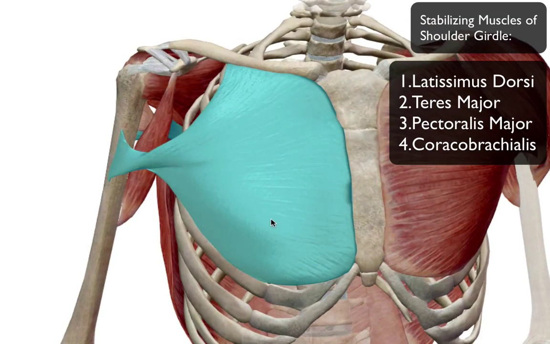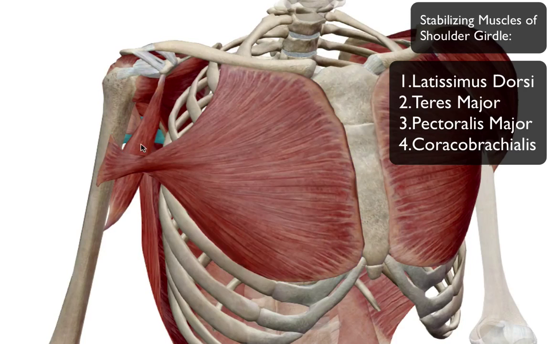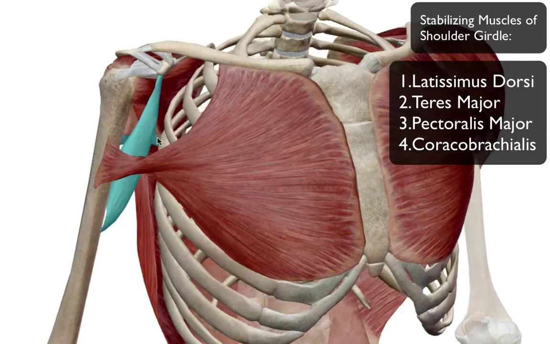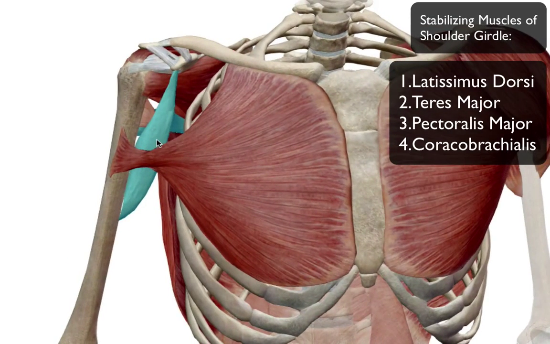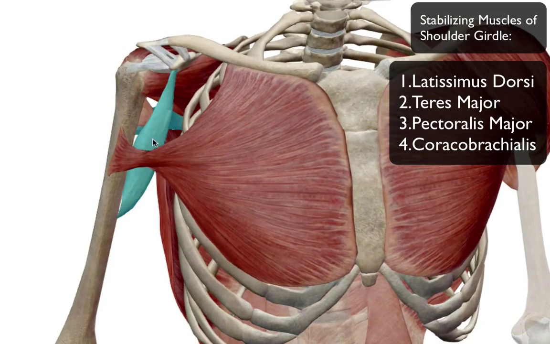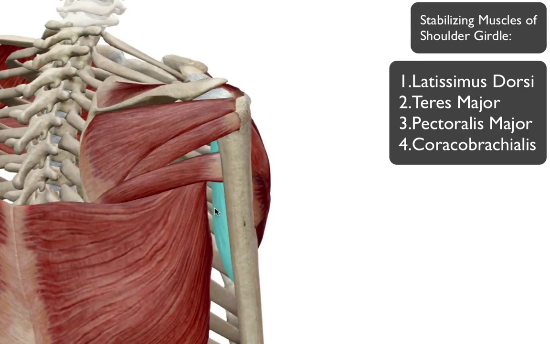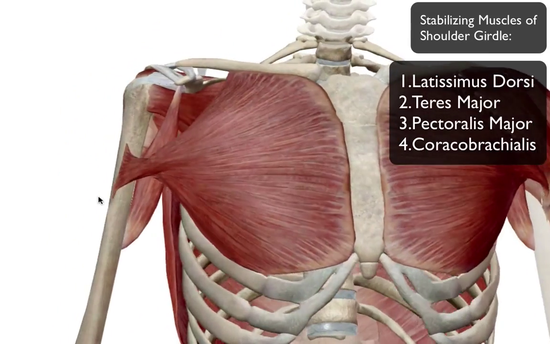Okay, and these all keep the humerus, the ball of the humerus, in place, connected with the glenoid cavity of the scapula. Okay, and then you can see this muscle here. Okay, this is your coracobrachialis. Okay, once again, another one of the stabilizing muscles of the shoulder girdle.